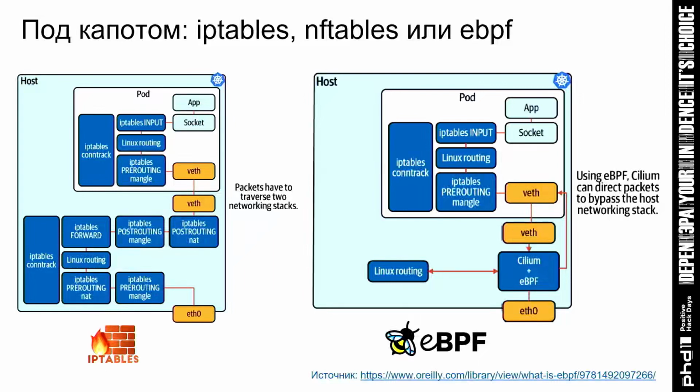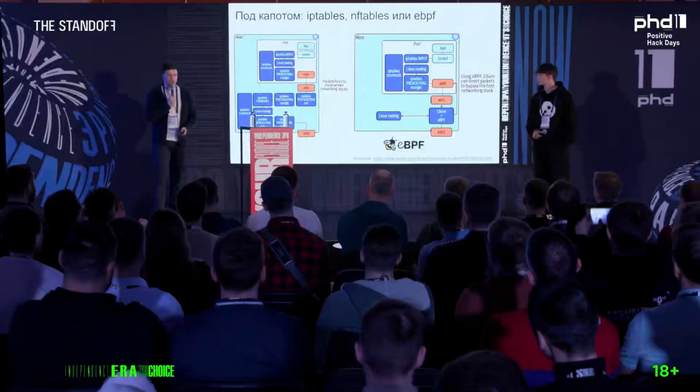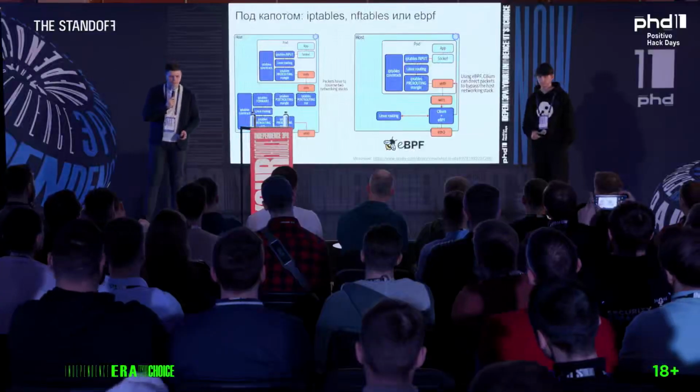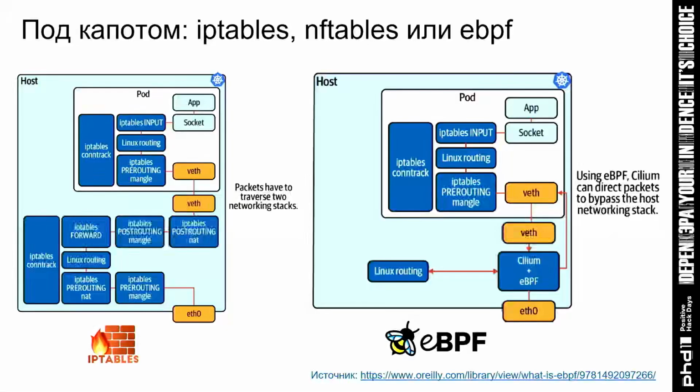So what's under the hood, so to speak? Either they work through iptables or through a more advanced technology, eBPF, which is extended Berkeley Packet Filter. It is different from the older version. Why is eBPF winning things over?